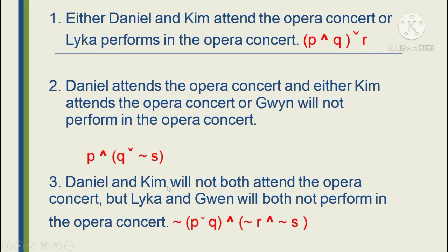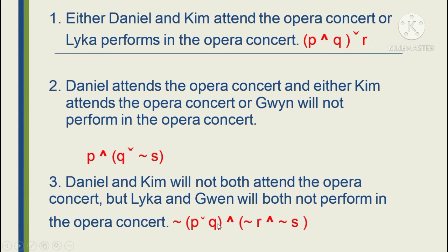So, Daniel and Kim will not both attend the opera concert, but Laika and Gwen will both not perform in the opera concert. So, nakita niyo dito, class, si Daniel and Kim daw. Daniel and Kim. So, yung not natin, syempre, nasa unahan, kasi yun yung kailangan natin sundin.